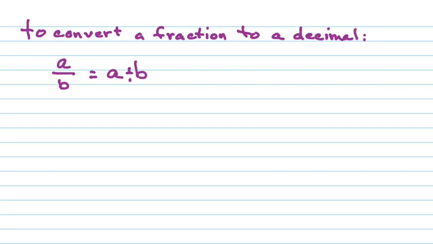All you're going to do is simply divide the numerator, which is the top number, the A in this case, by the denominator. Easy as pie. Some of these you already know. Some of these you will have to actually do the division.